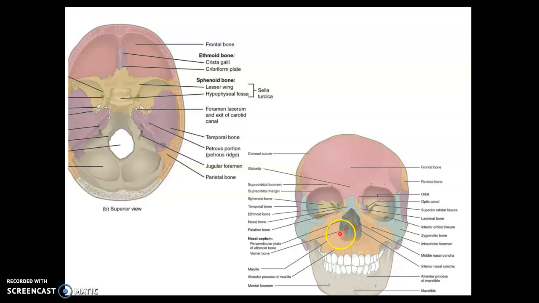You have inferior nasal concha, middle nasal concha, and way up high, which you can't see, you'll have superior nasal concha on each side. Now the ethmoid bone only includes the middle nasal concha and the superior nasal concha, which you can't see. These inferior nasal conchae, plural, are not part of the ethmoid bone.